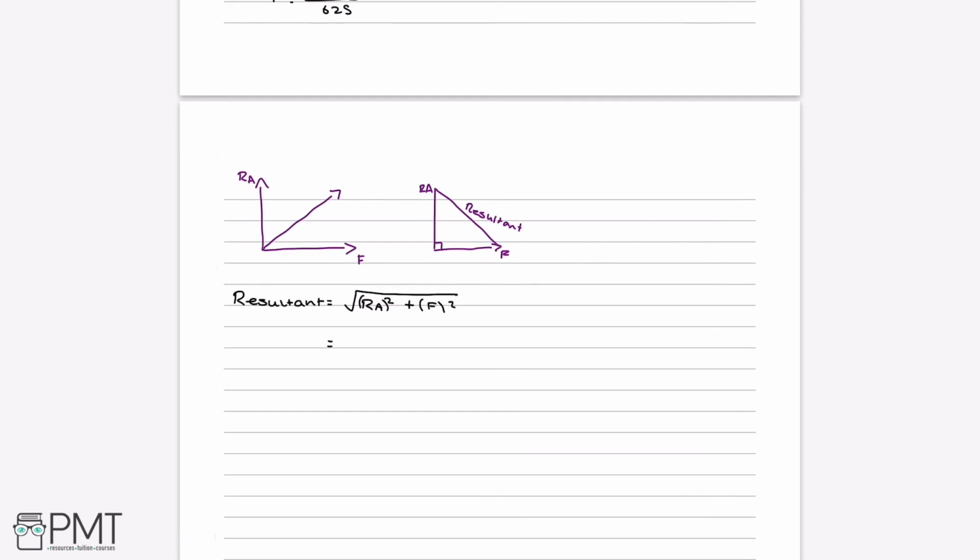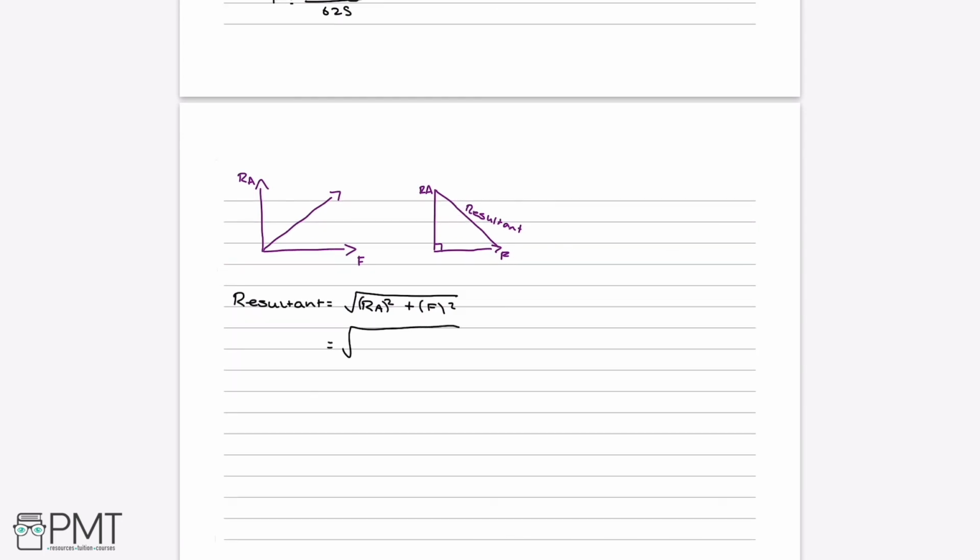We know that RA is equal to 3,284 g over 625, and then that's squared plus F, which we've just found out to be 2,688 g over 625 squared. And then if we do that in our calculator, we find that the resultant force to 3SF is equal to 66.5 newtons.